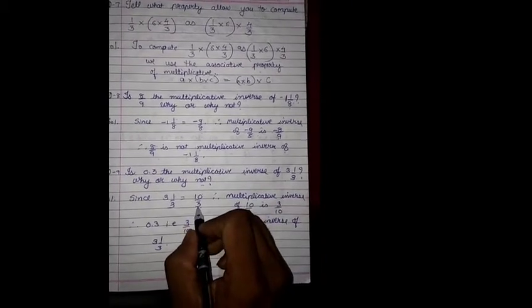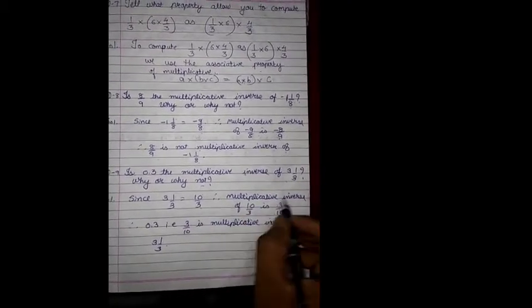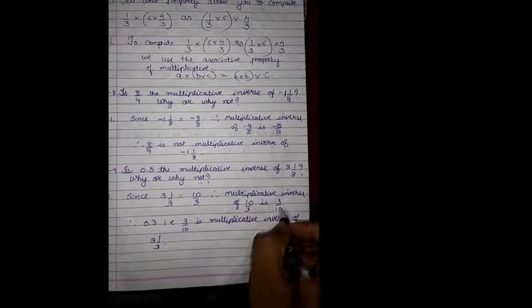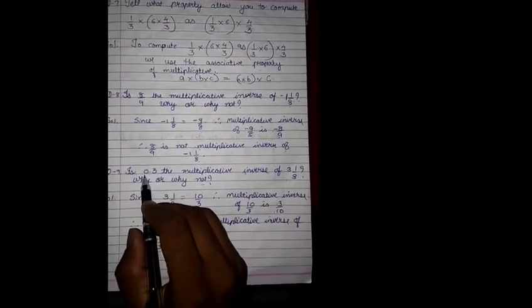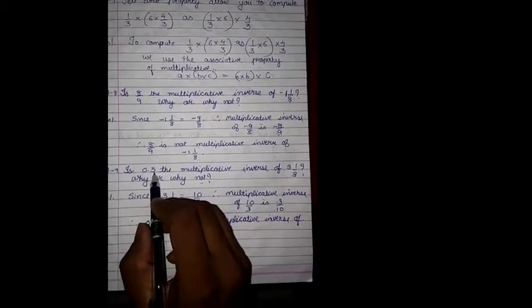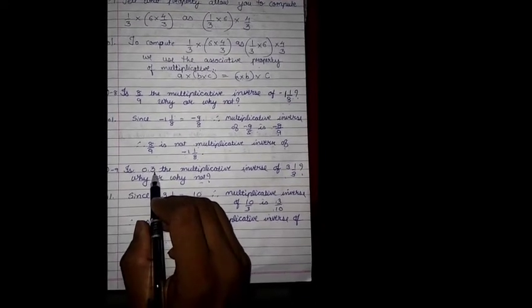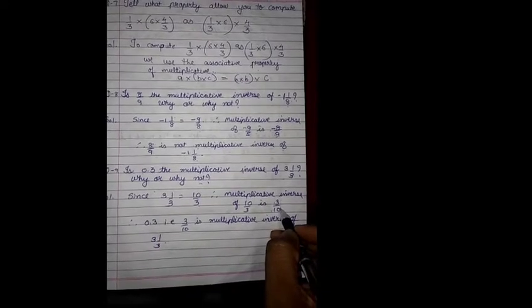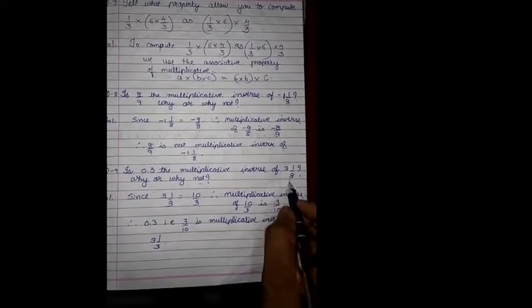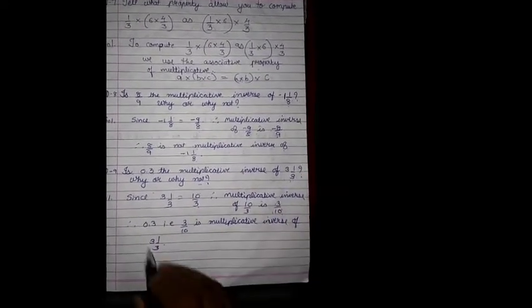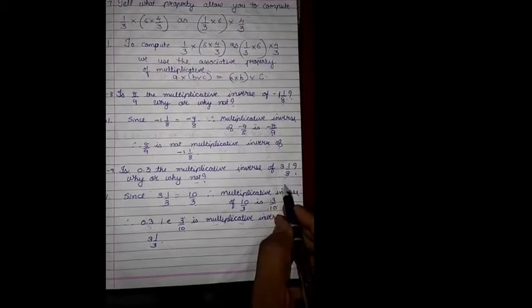So the reciprocal of 10 upon 3 is 3 upon 10. Now here the value given is 0.3, so convert this decimal into a fraction. 0.3 gives 3 upon 10. And the multiplicative inverse we are getting is also 3 upon 10. So we can say that 0.3, which is 3 upon 10, is the multiplicative inverse of 3 integer 1 upon 3.